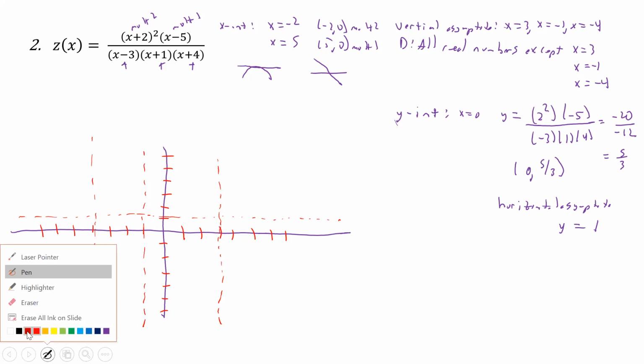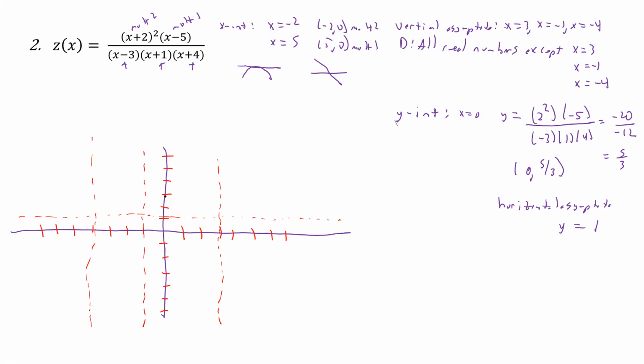Let's put these in black so we can make sure we notice them. -2, 0, so that'll be 1. And we'll have 5, 0. So 1, 2, 3, 4, 5. And we got 0, 5 thirds. So that's 0, 1 and 2 thirds. So, somewhere about there roughly. All right, so now we have about everything we need, I think.